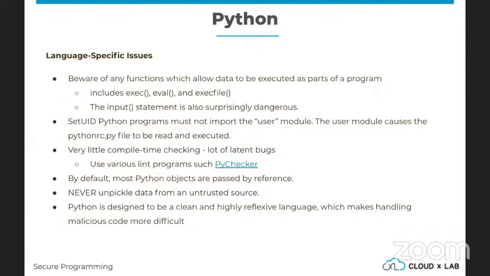By default, most Python projects are passed by reference. Also, never unpickle data from an untrusted source. Unpickling is converting a pickle format into Python's internal memory format. So basically, deserializing data in Python happens by way of unpickling.